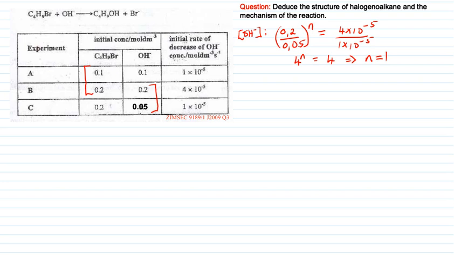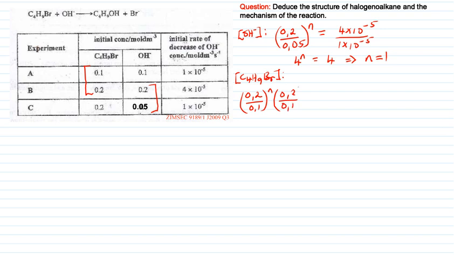Alright, but the concentration of hydroxide is not fixed, so I'm going to use another method. I'm going to say 0.2 divided by 0.1 to the power of n, but we already know the order with respect to the concentration of hydroxide, so I'm going to say 0.2 divided by 0.1.